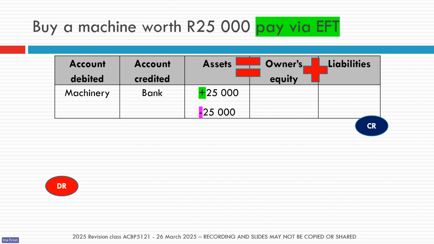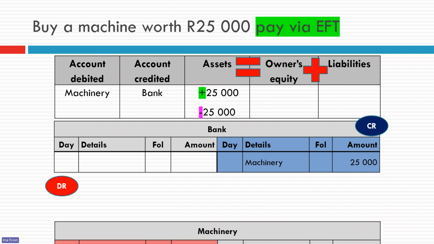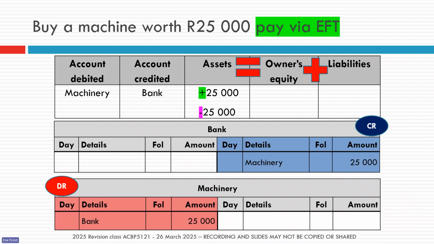And then, using debit-click, I know that an asset that increases is a debit. So the machinery account I have to debit, but an asset that decreases will be a credit. So I'm crediting the bank and debiting my machinery. They're both assets: an asset increasing is a debit, an asset decreasing is a credit.